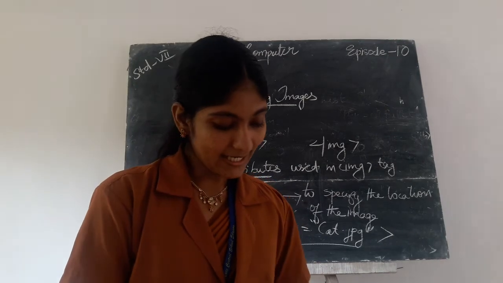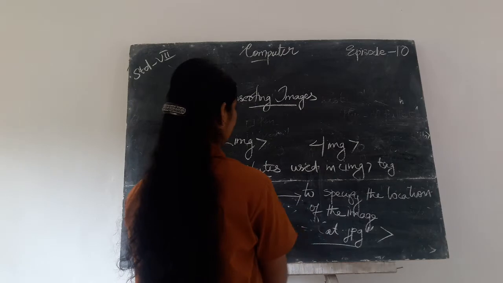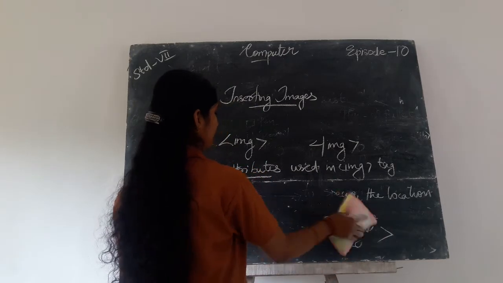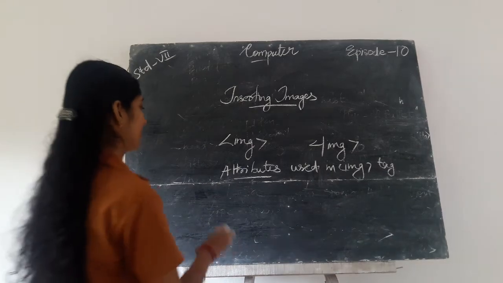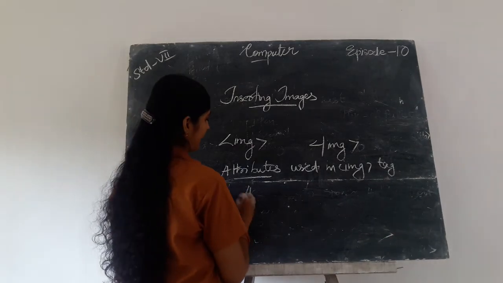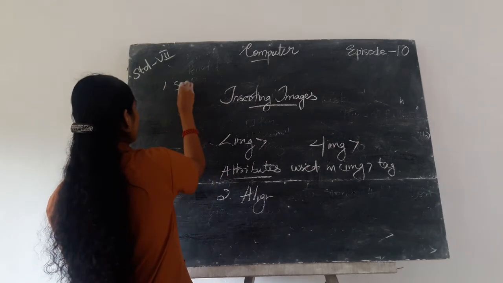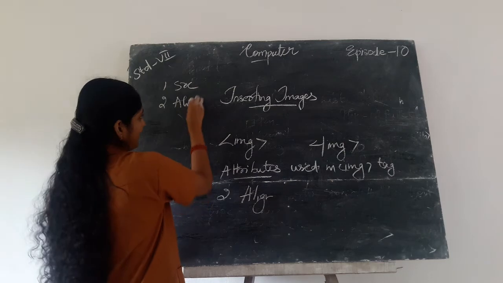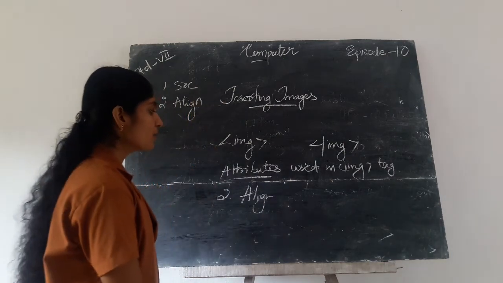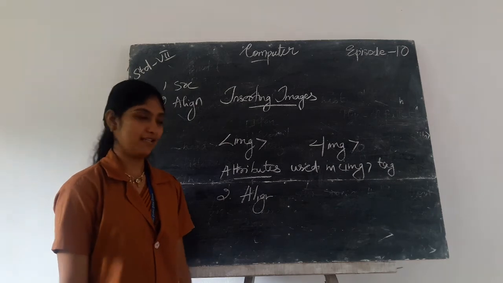Then next attribute is align. A-L-I-G-N. So first one source, second one align. Align means to move the picture in center or left or right.